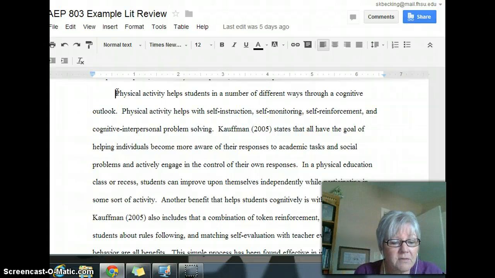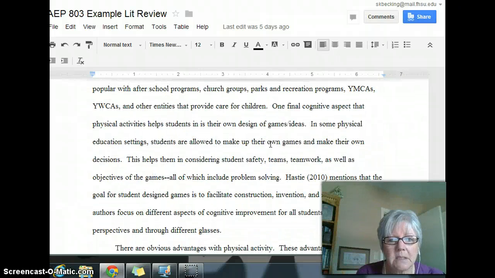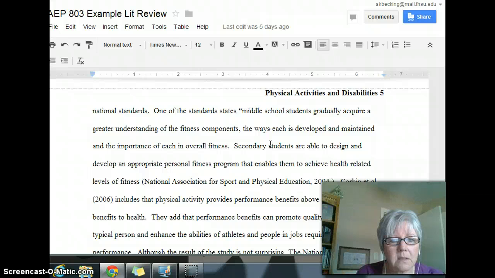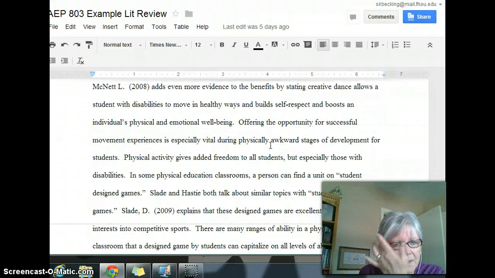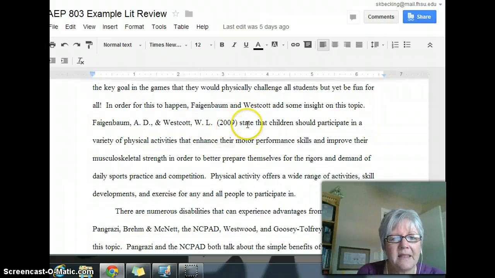Be sure that you have the page numbers then at the end of the block quote or at the end of the quotation. And I don't even know if this one has any in it. I'm not seeing it, but if it did, then you would put it at the end and before the period.